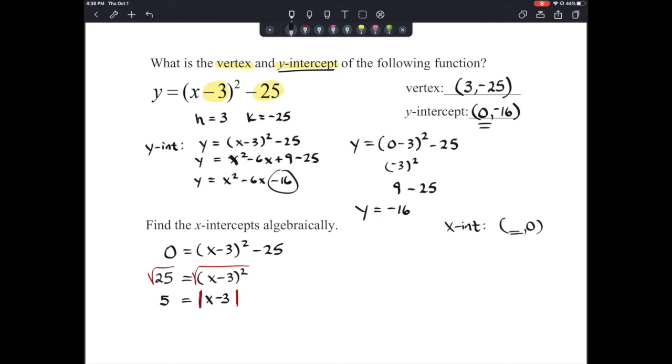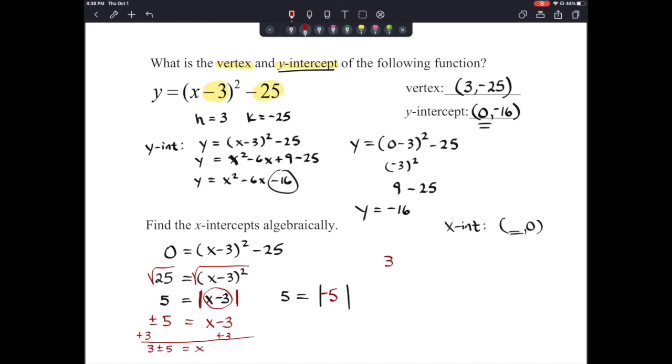And remember, that means there are two numbers that would make this true. If I put a 5 in here, it would be true, and if I put a negative 5 in here, it would be true. That simply means that x minus 3 is going to have to equal positive or negative 5. So then we add our 3 to each side, and we get the expression 3 plus or minus 5 equals x.